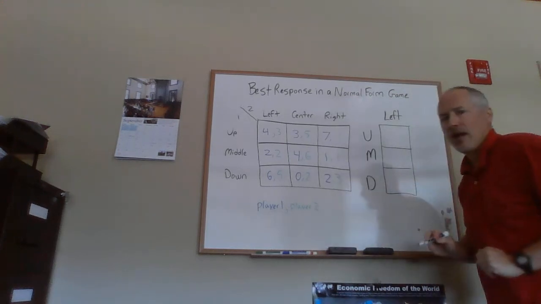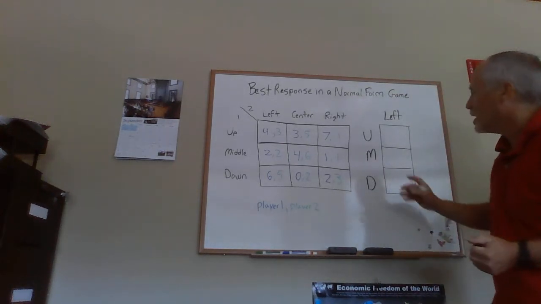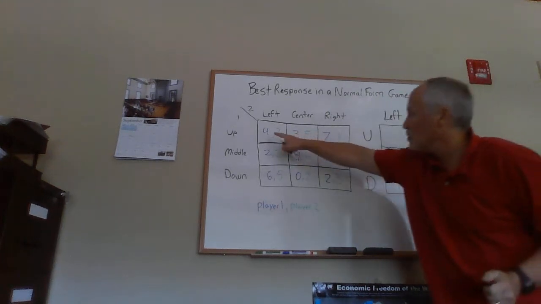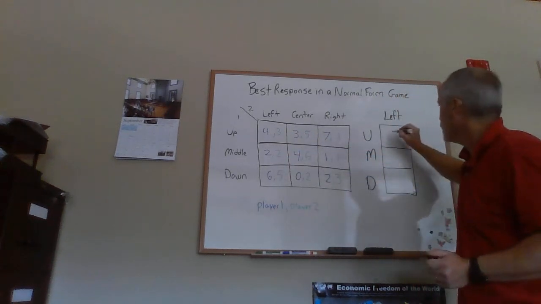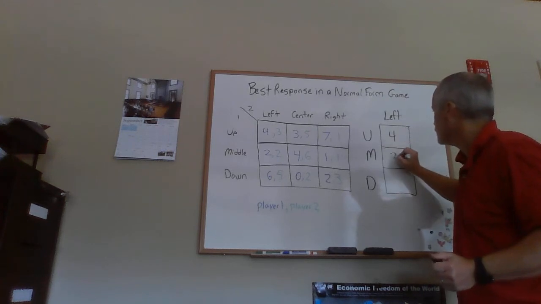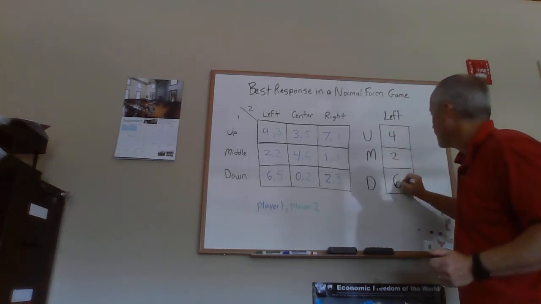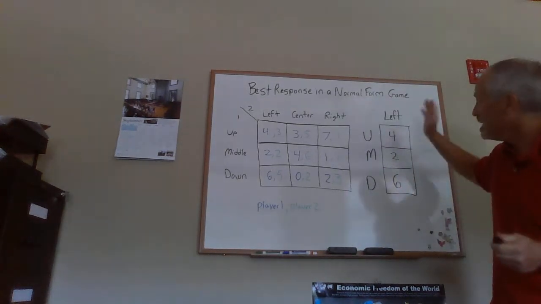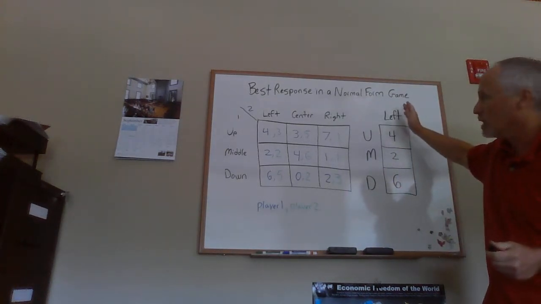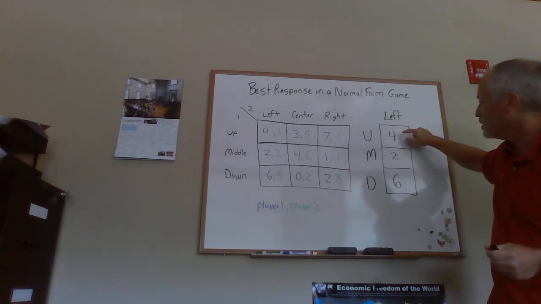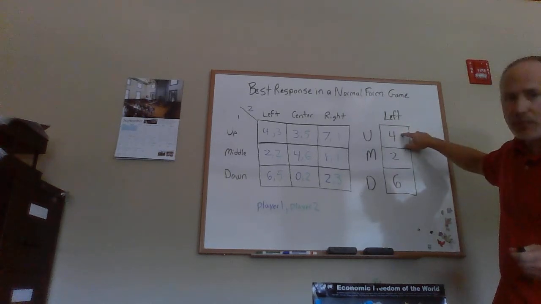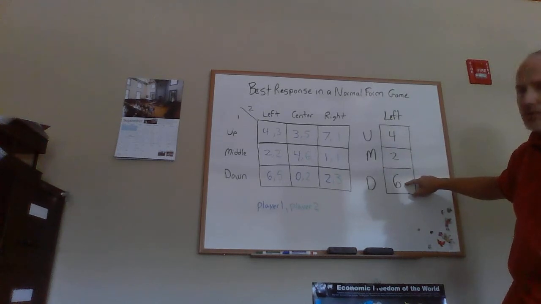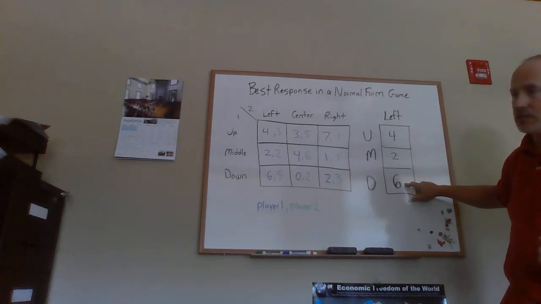Because we're talking about player one making this choice, I'm just going to write the payoff for player one in each cell. So we can see that if player two is going to choose left, player one is facing a choice: if they choose up, they'll get a payoff of 4, middle, a payoff of 2, and down, a payoff of 6.